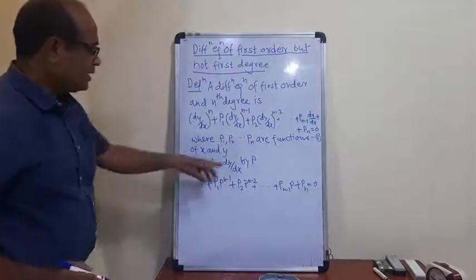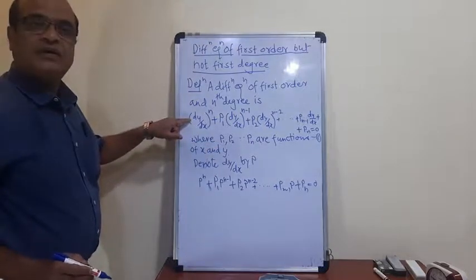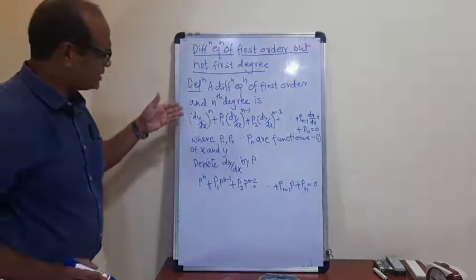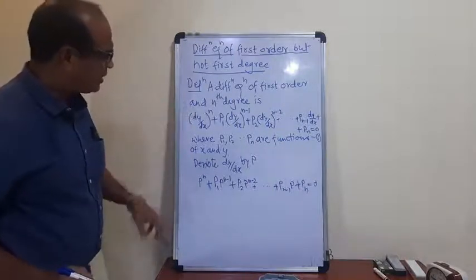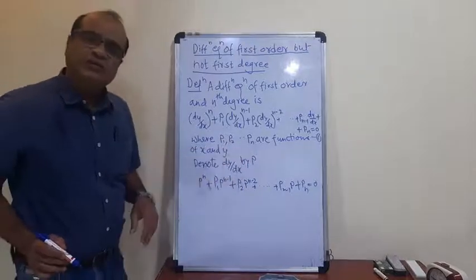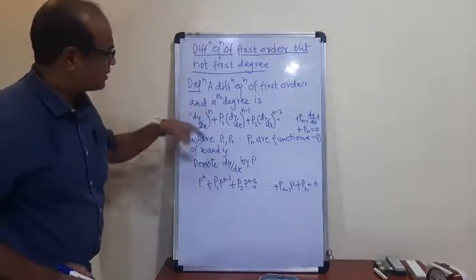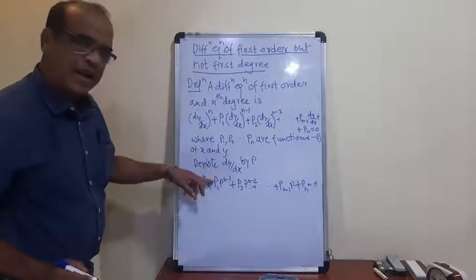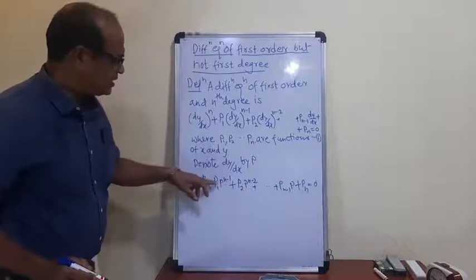So put dy by dx equal to p in this equation. We simplify and write this equation in this form by putting dy by dx equal to p. So this is p^n, this is p1. This p and this p are different here.